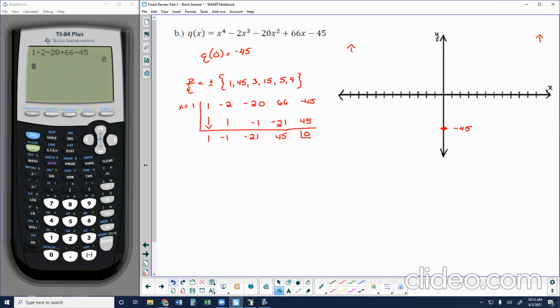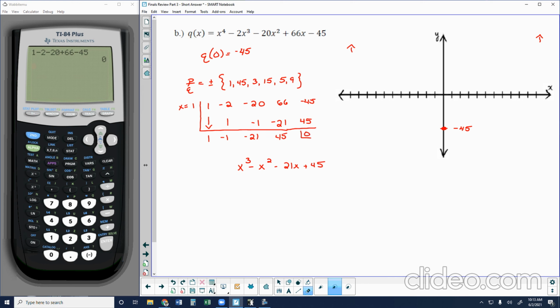So what I would be left with then would be x cubed minus x squared minus 21x plus 45, which I might look at and think factoring by grouping, which is not going to work out in this case.